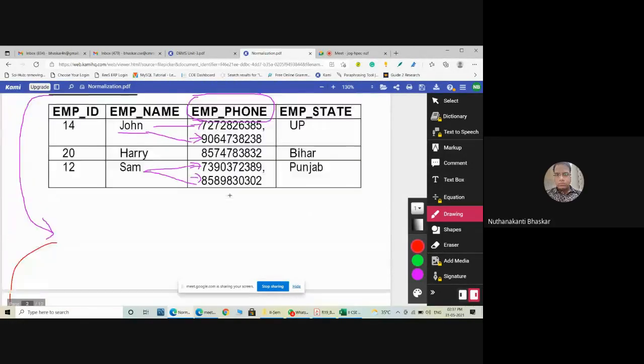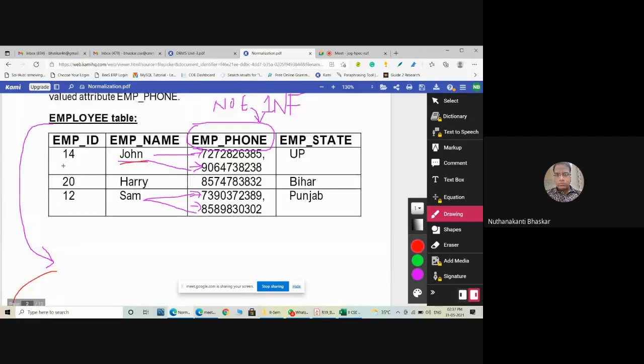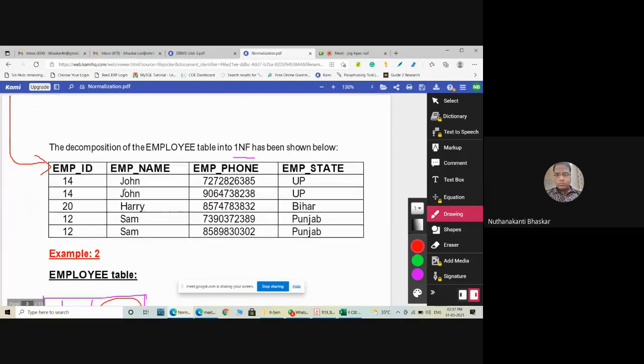Because here only one time John is there, one time 14 is there, one time Sam is there, one time 12 is there, one time UP is there, one time Punjab is there. But here John, employee ID and UP are repeated twice. That means redundancy is increasing. Using first normal form, there is a chance of increased redundancy. This is the drawback of first normal form, and people will ask about it in interviews.